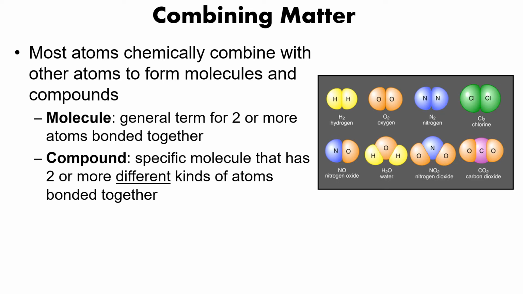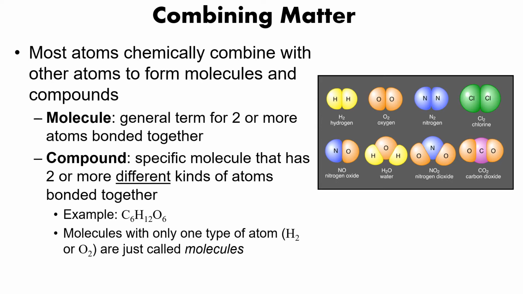Generally, when we talk about proteins and other things in the body, those are all going to be considered compounds because they're not made out of just one type of element. For example, C6H12O6, which is glucose, is what we would call a compound.